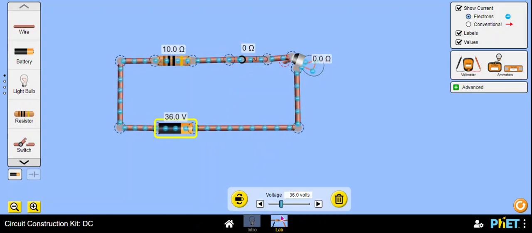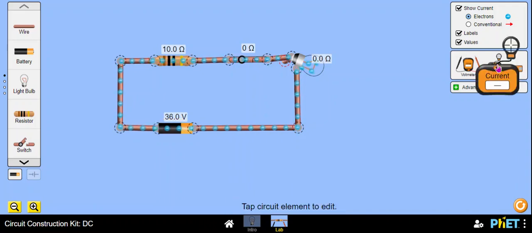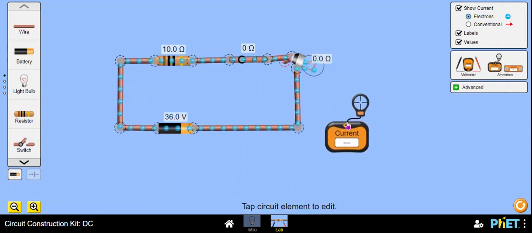Now what I'm going to do is, first of all, get an ammeter here and put it here. This will show us the reading on the current flowing here.